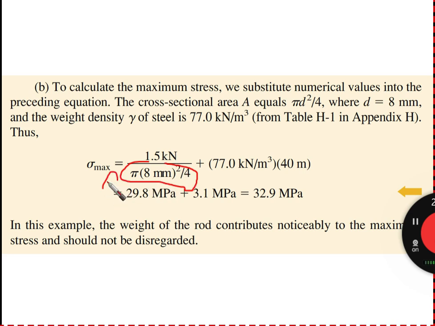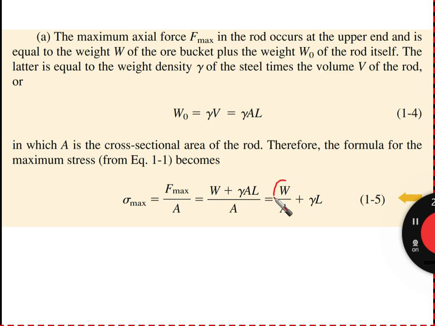This is the area part, plus the remaining part, which is the density of the steel times the length. From where did I get this? Go back: weight of the bucket over the area plus density of the steel times L, the length.